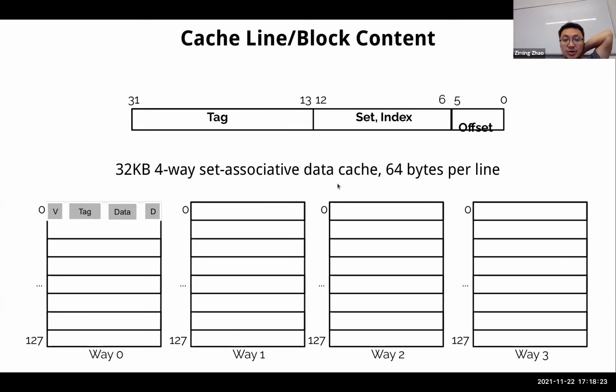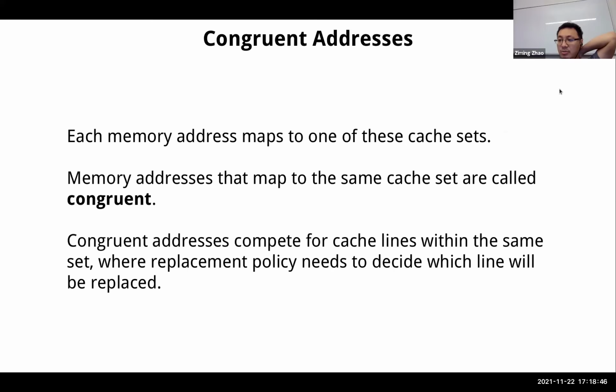If another CPU tries to read that address, then this CPU core has to push that data to the main memory, because the other CPU may not be able to directly access this core's cache. Does that make sense? Okay, then let's keep moving.